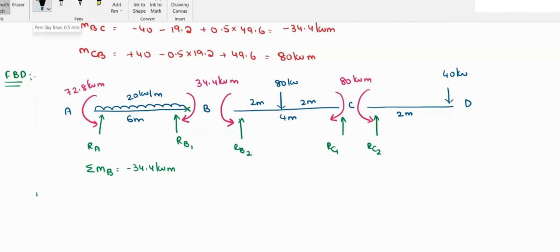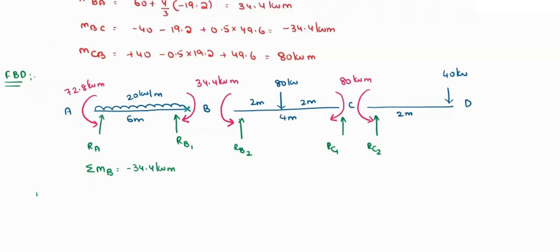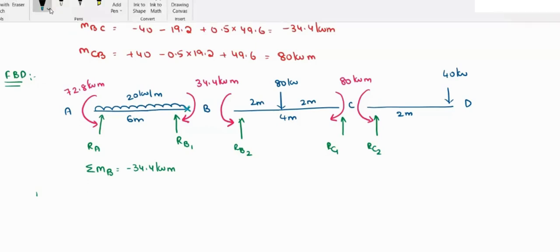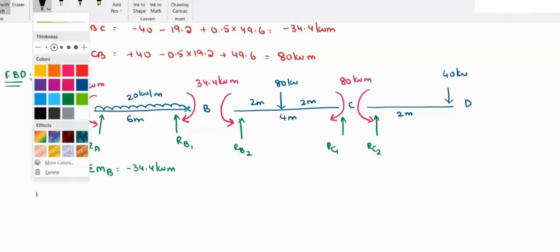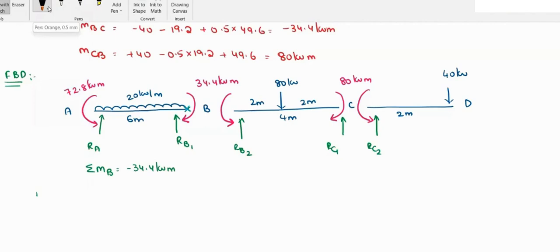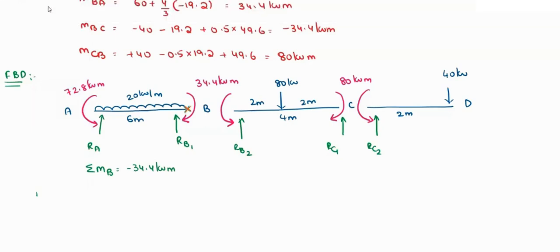That is RA into 6 minus 20 into 6 into 6 by 2. Okay. So minus 72.8 will be equal to minus 34.4. From this you are getting RA equal to 66.4 kilonewton.